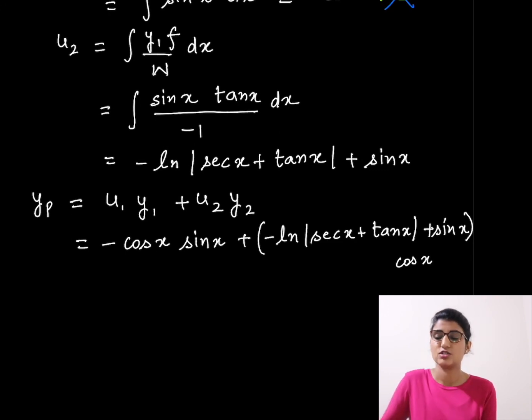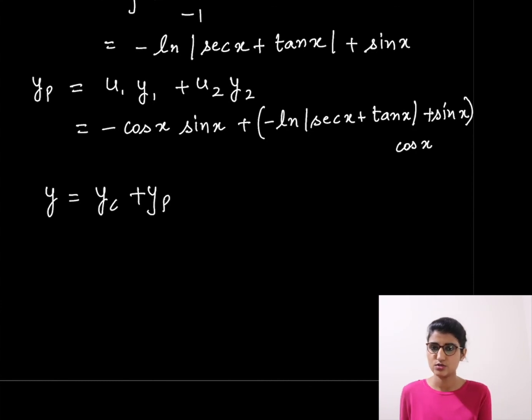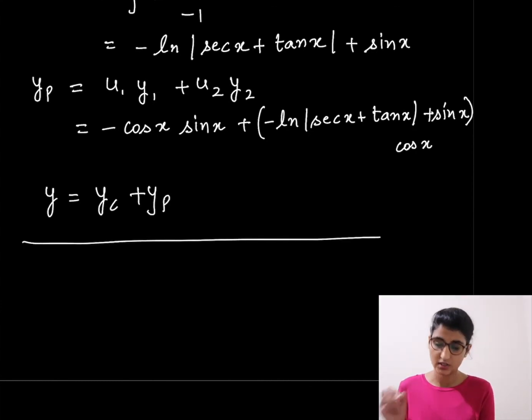So this is your yp, your particular solution. If you want to write down the general solution, you can just write y equal to yc plus yp and plug in the values of yc and yp. Okay.